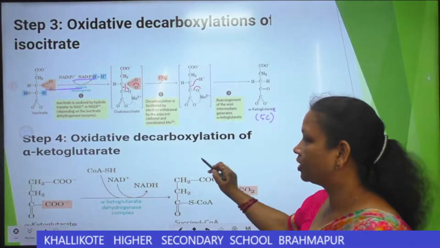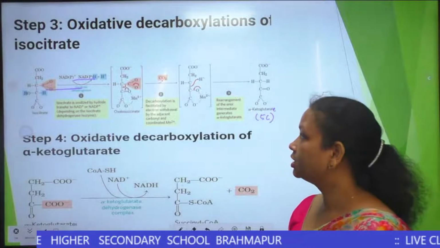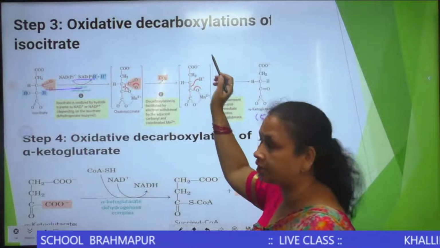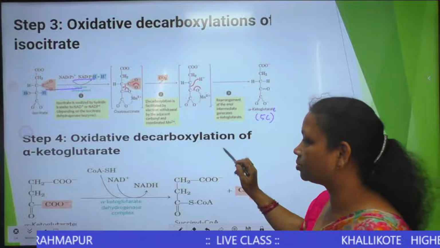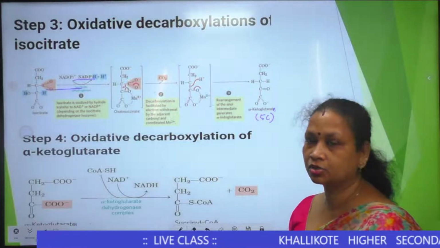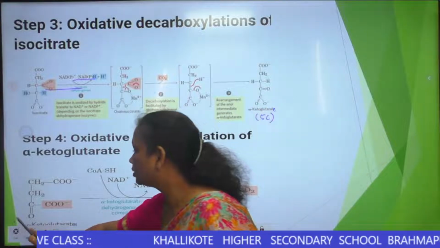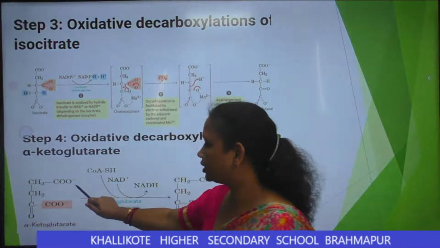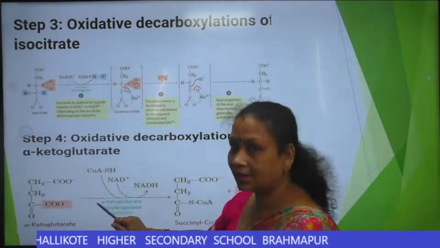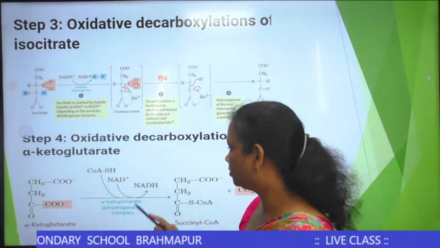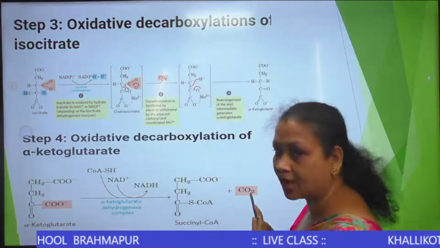decarboxylation of alpha ketoglutarate. So, this is oxidative decarboxylation of isocitrate, then oxidative decarboxylation of alpha ketoglutarate. In this alpha ketoglutarate molecule, with oxidative decarboxylation there will be removal of one molecule of carbon dioxide.